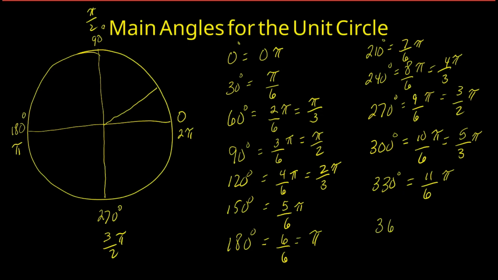And 360 degrees is 12/6 pi, which is 2 pi.